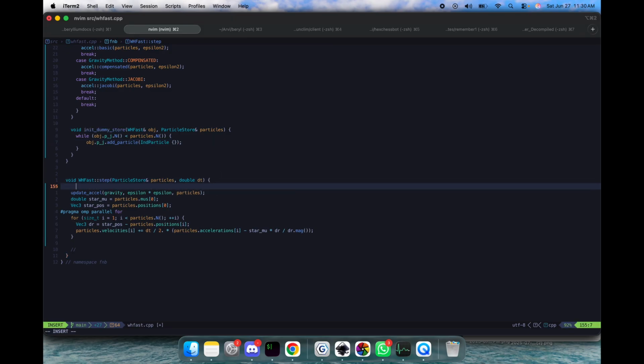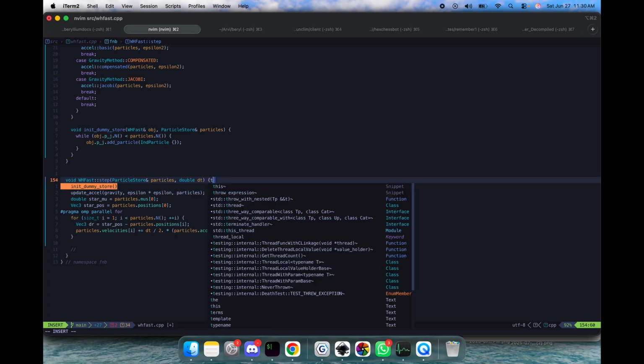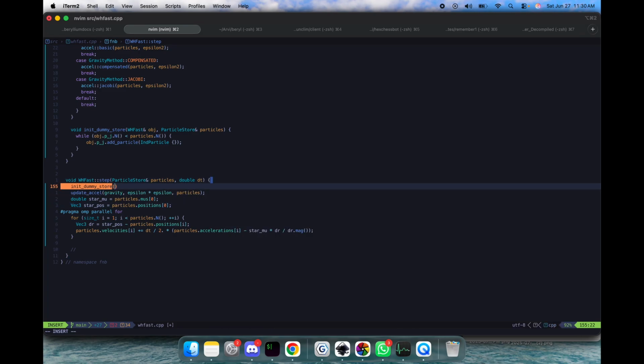Init dummy store. So first off, we init dummy store with this and particles. We then proceeded to just now we actually write to it.